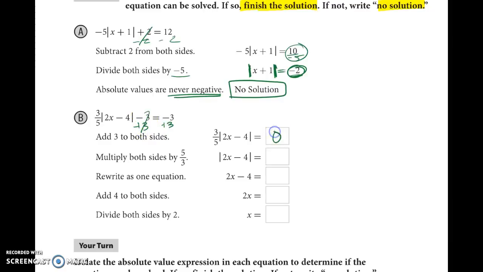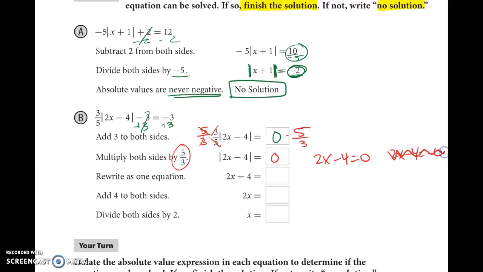Okay, on the other hand, we have part B, which we can add 3 to both sides, and we get 0. When we multiply by that reciprocal, that 5 over 3 to both sides, the 5 and the 5 reduce to 1, the 3 and the 3 reduce, and 0 times anything is 0. So this we can continue, but we wouldn't write 2x minus 4 equals 0 and 2x minus 4 equals negative 0, right?